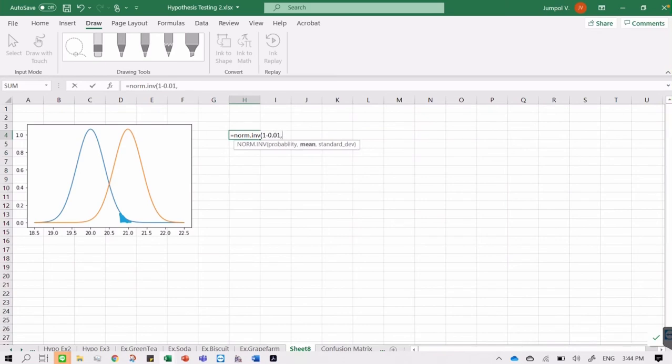We don't have to divide it by 2. The mean is 20 and the standard deviation is 1.5 divided by the square root of n, and n is 16 here.